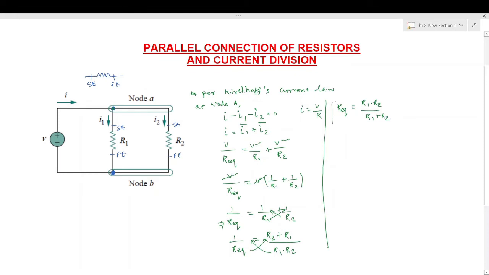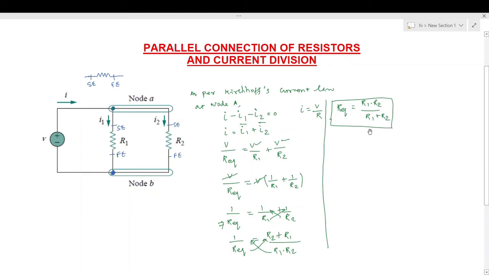So this is the equivalent resistance value of this circuit. Okay, this circuit's equivalent resistance is R1 into R2 divided by R1 plus R2.